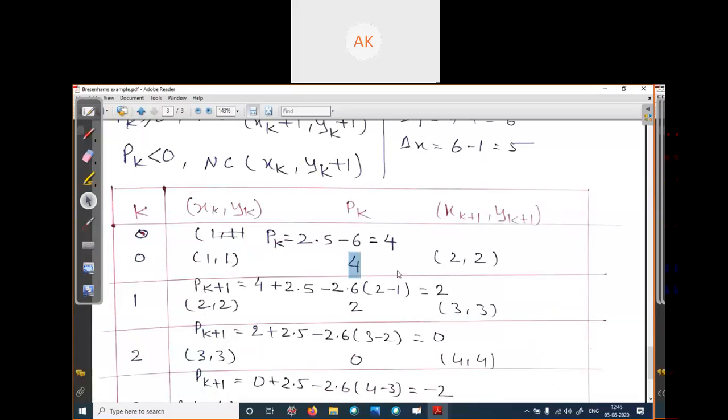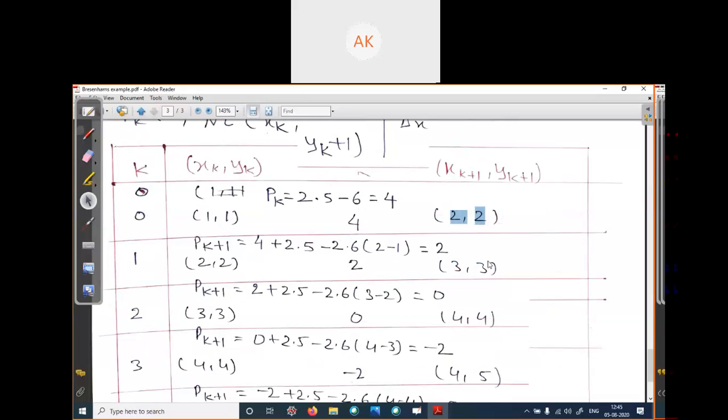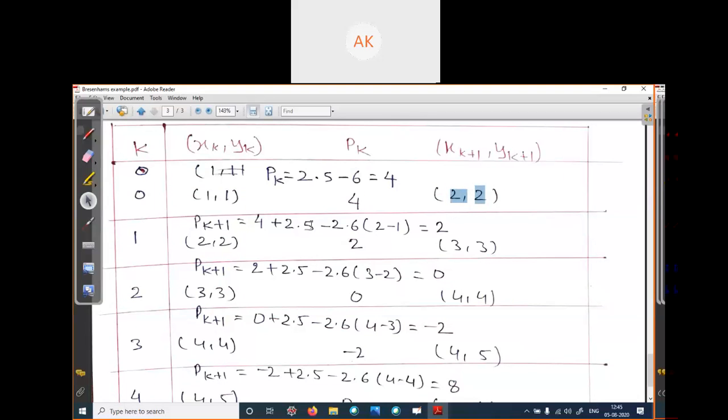The initial point is 1 1, and the decision parameter is positive, then both coordinates will change with unit interval, means 1 plus 1, 2, 2. Okay, calculate the next decision parameter.